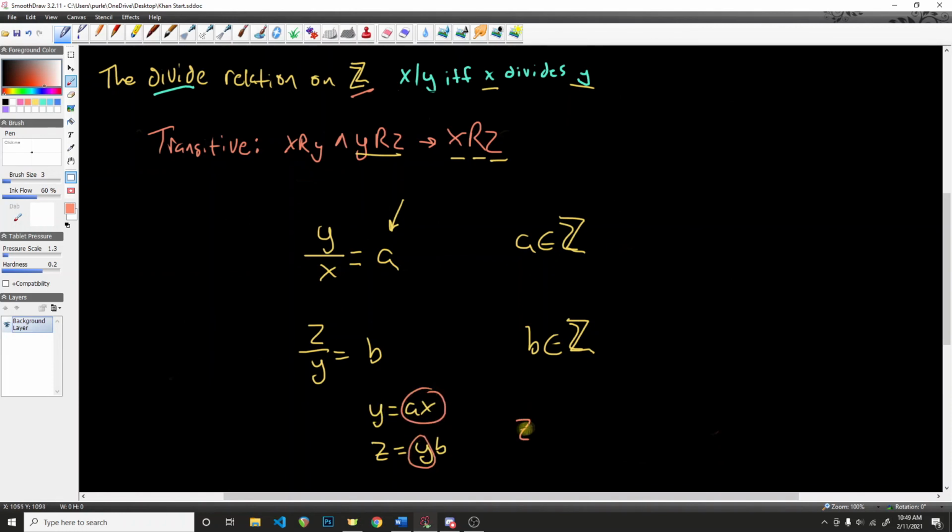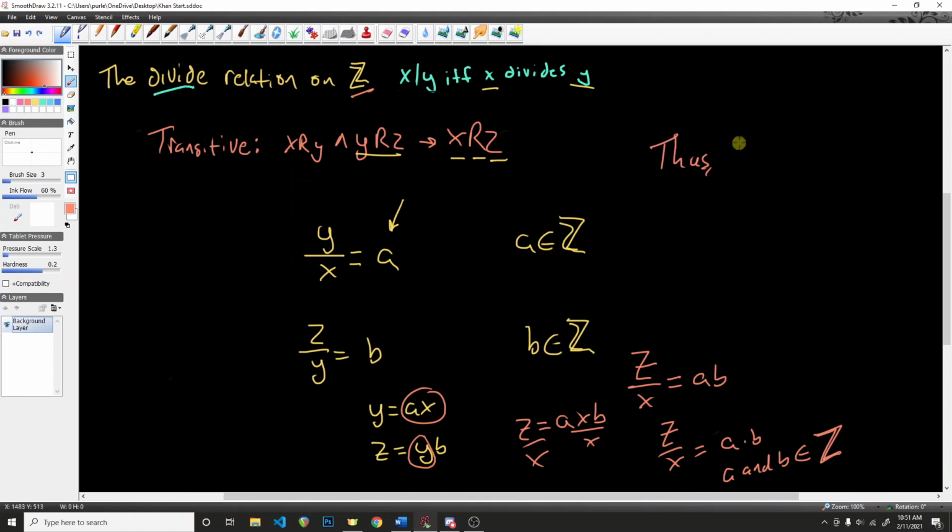So we have that z is equal to a x times b. And then all we need to do is divide both sides by x. So what we can see is that z divided by x is going to be equal to a times b, where both a and b are going to be elements of the integers. Therefore, we can conclude that the divide relation on the integers is in fact transitive.